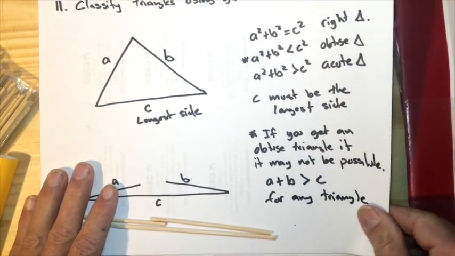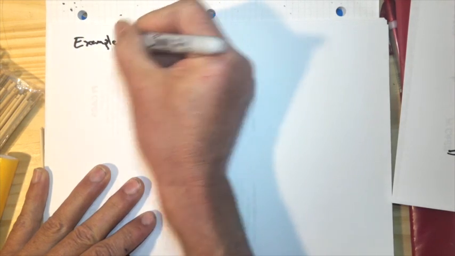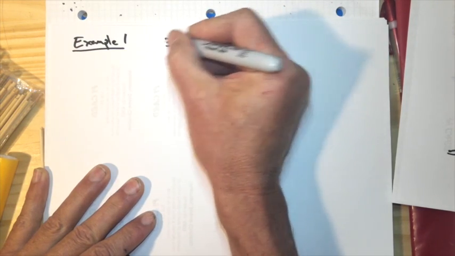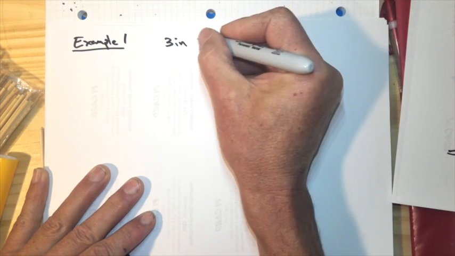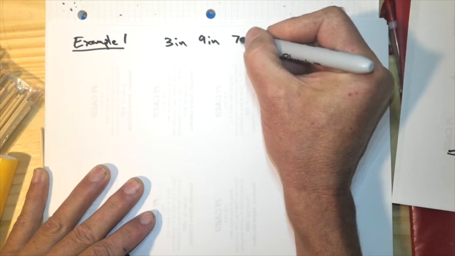Okay, let's look at an example. What if I'm given three sides of a triangle and I want to find out what kind of a triangle it has? So here's a couple of examples. My three sides are 3 inches, 9 inches, and 7 inches.